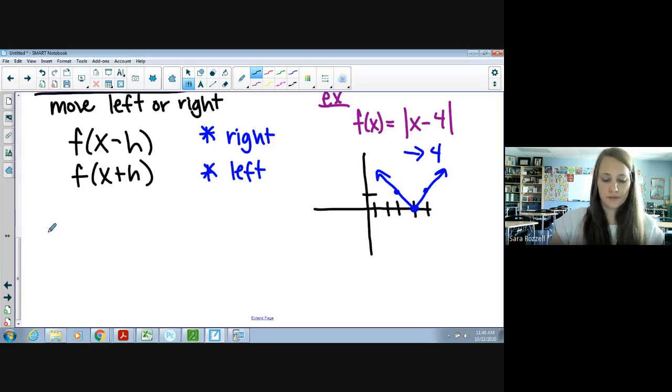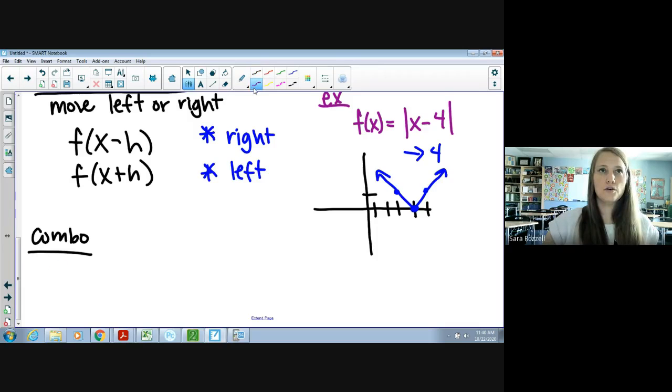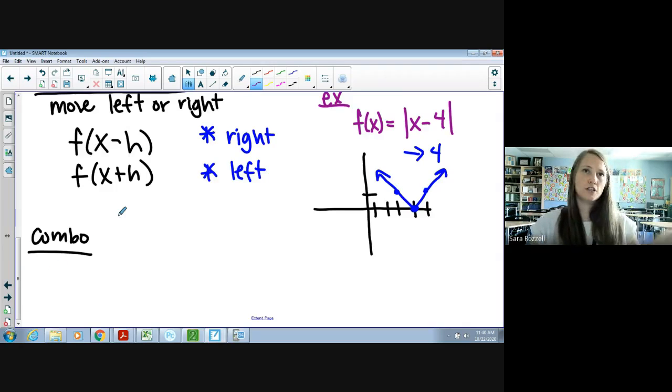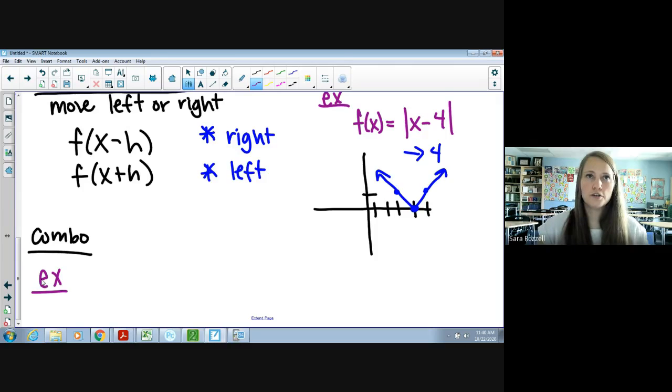We'll do a combo. This will be fun. So you can shift left, right, up, down, a bunch of combinations of things. So I want you guys to try and do this one. Just say what the shift is and see if you can do it.